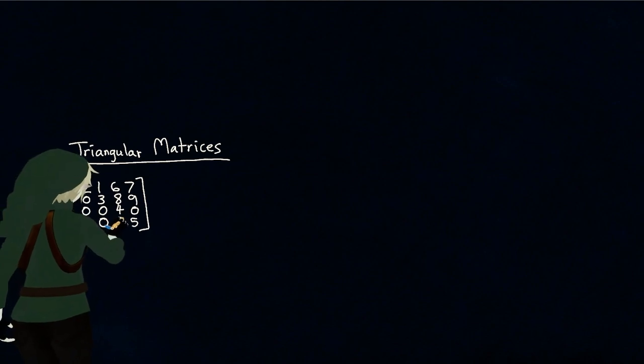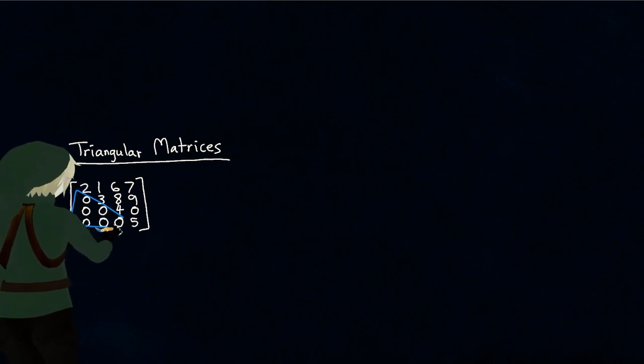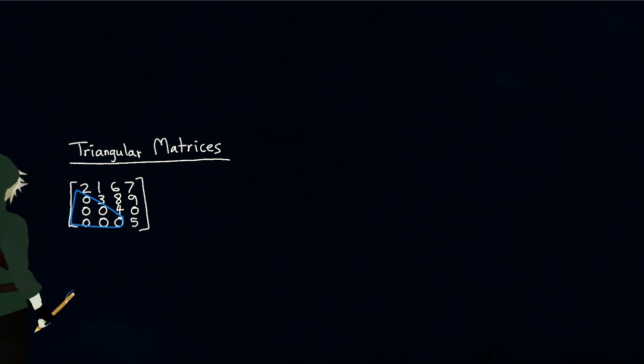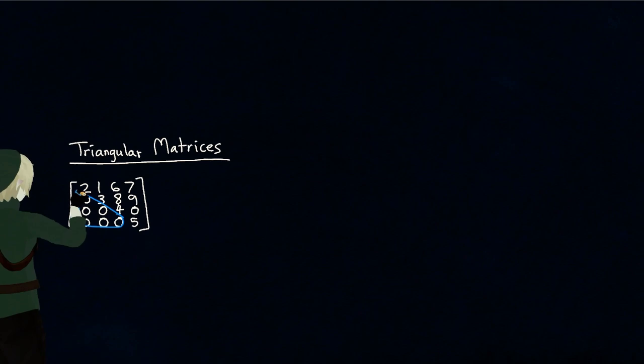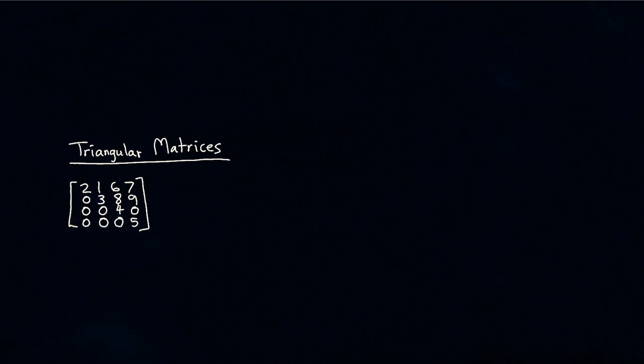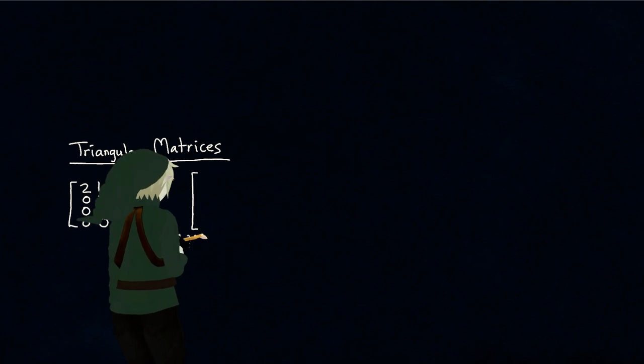Is that better? That looks so much nicer. So we have this triangular portion of zeros. This is what we mean by a triangular matrix, and it doesn't have to be at the bottom. It could be at the top too.